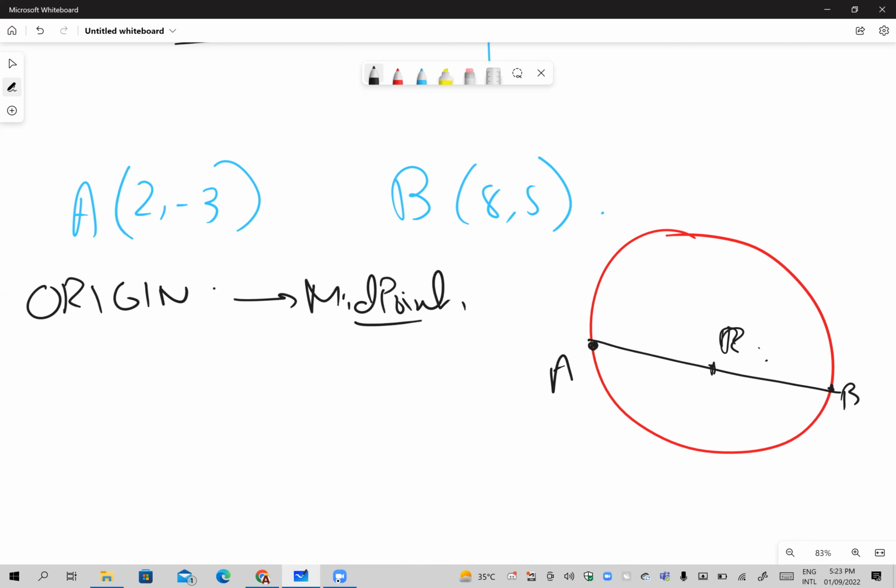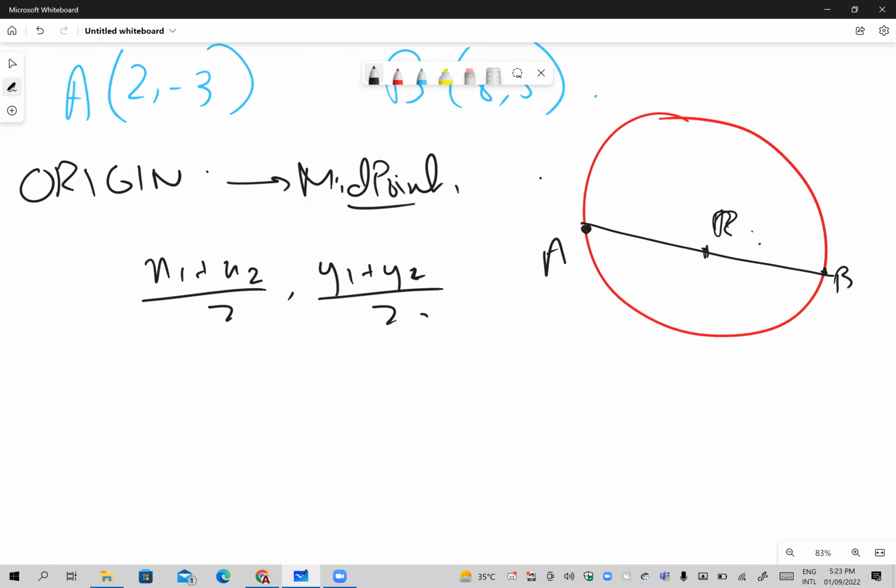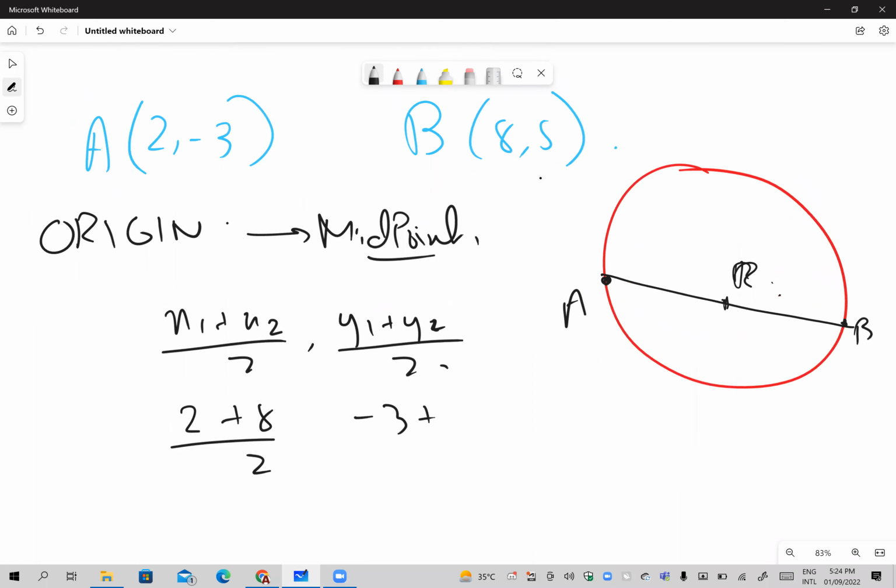All right. So the midpoint formula was, let's recall it, (x1 plus x2) divided by 2, (y1 plus y2) divided by 2. So it is (2 plus 8) by 2, (minus 3 plus 5) by 2.